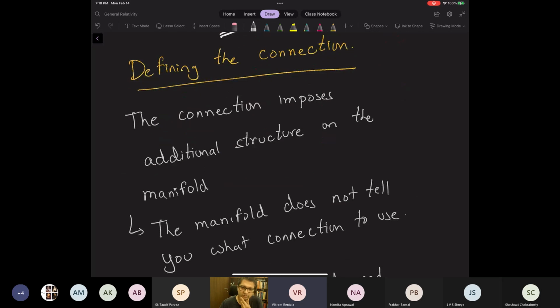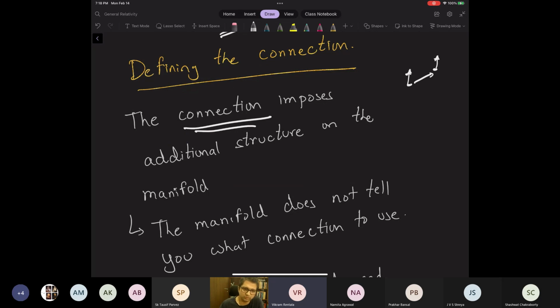First we'll do a heuristic derivation of what the connection is and what it means, and later we'll do a slightly more rigorous mathematical definition. So this basic idea of the connection, or this rule for how you parallelly transport vectors. You can understand why it's called a connection, right? It's a connection between 2 points, which tells you how to transport a vector from here to here. That's what we mean by a connection.